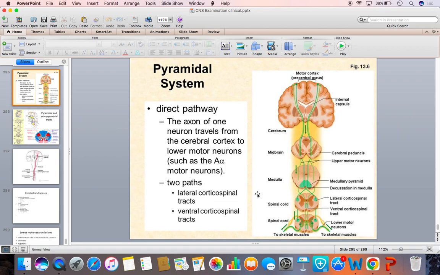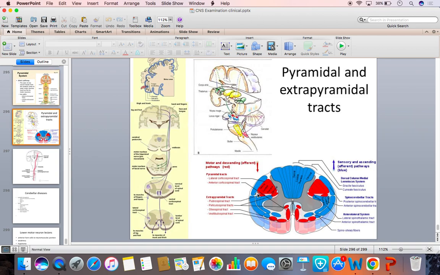From there start the lower motor neurons to innervate the skeletal muscles. This is the upper motor neuron till the spinal cord. From the spinal cord to the skeletal muscle is the lower motor neuron. Look at this picture, it's very important for you students to remember.